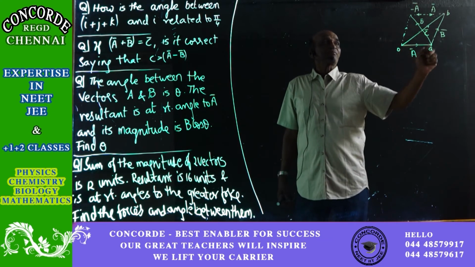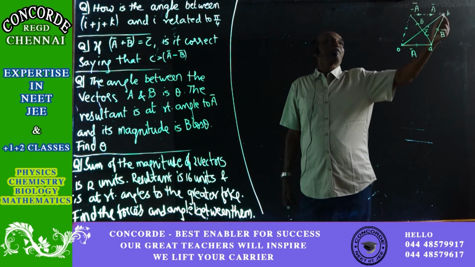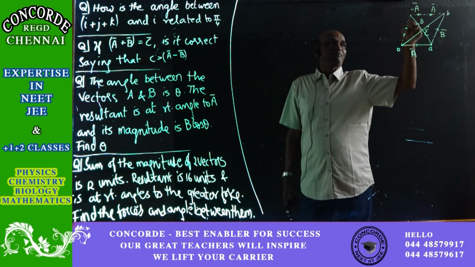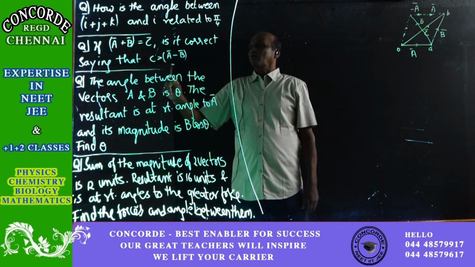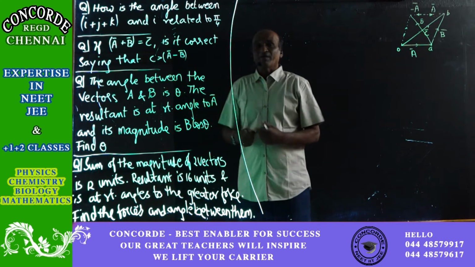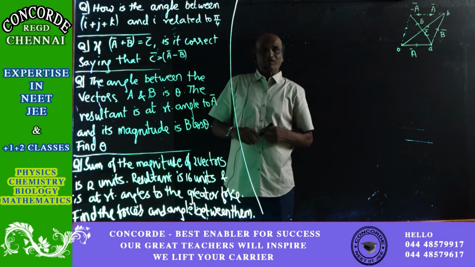And C bar is A bar plus B bar. D bar is B bar minus A bar. B bar minus A bar, which is D bar, is smaller than C bar. Hence, A bar minus B bar will be less than C bar. It means that C bar is greater than A bar minus B bar.